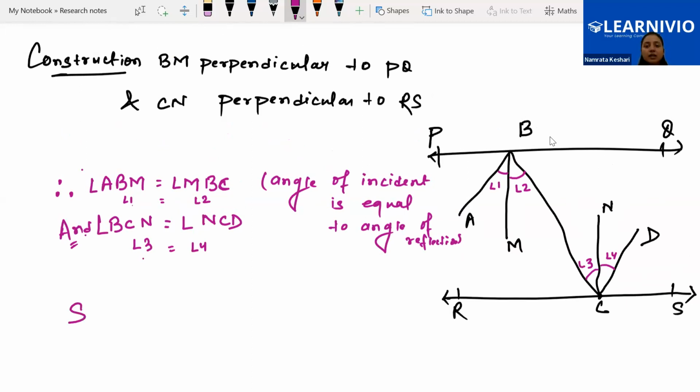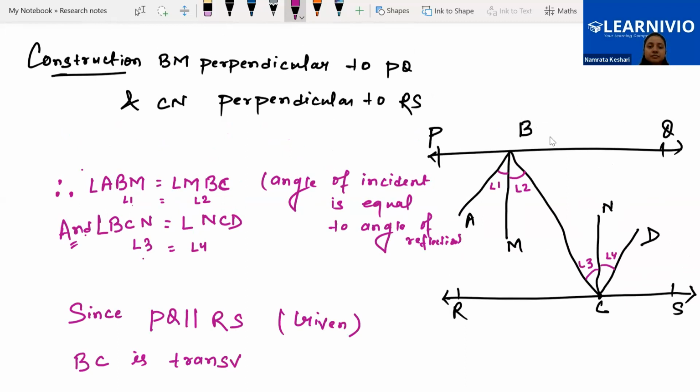Since PQ is parallel to RS, given already, and BC is a transversal.